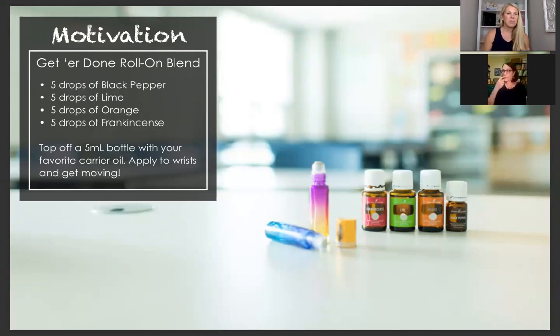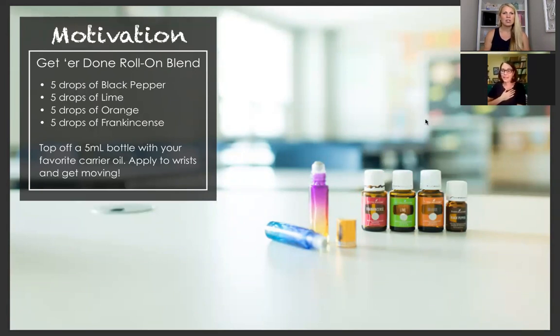So this motivation blend is fantastic. You can see that it has black pepper and lime and orange and frankincense. The black pepper gives it that spicy sort of smell. The lime, of course, is very tropical. Think about how they make lime and coconut body rubs. So it's nice and refreshing.